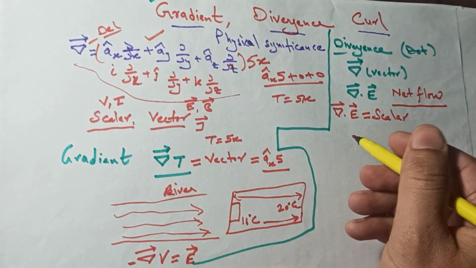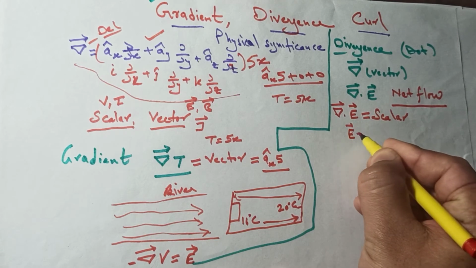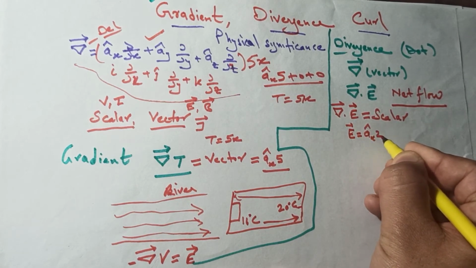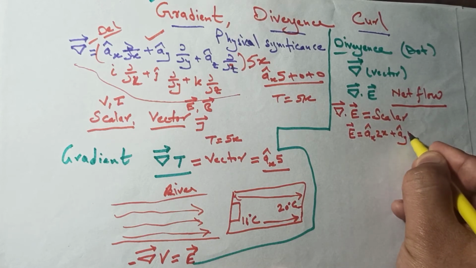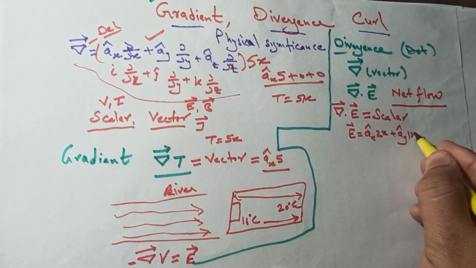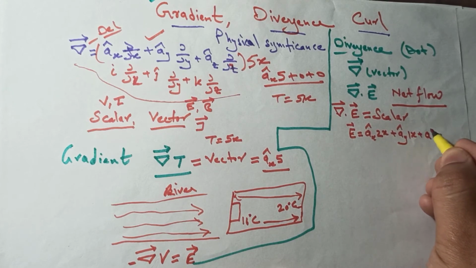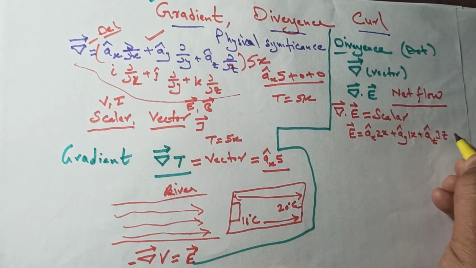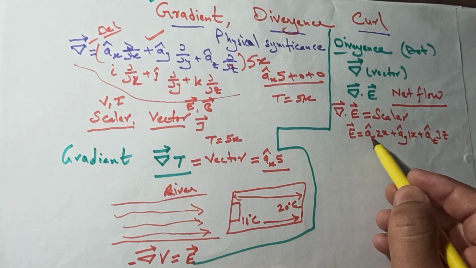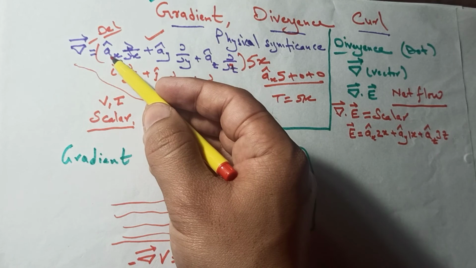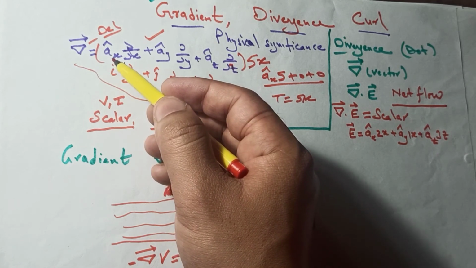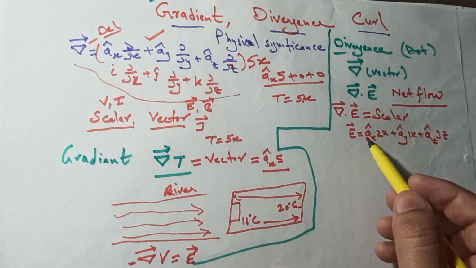Let us say E is 2x ax plus 1y ay plus 3z az. So what will be this del dot E? Simple multiplication: the ax term will be multiplied with the ax term. So del by del x of 2x, ax multiplied with this ax will give you 1. It is a simple dot product.